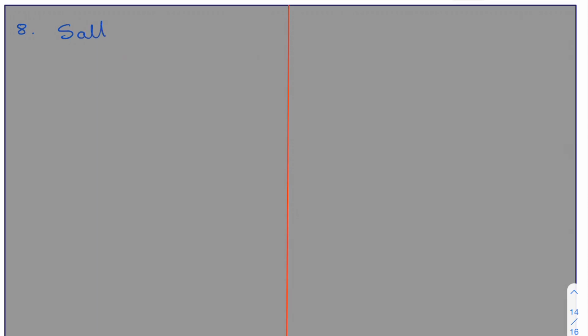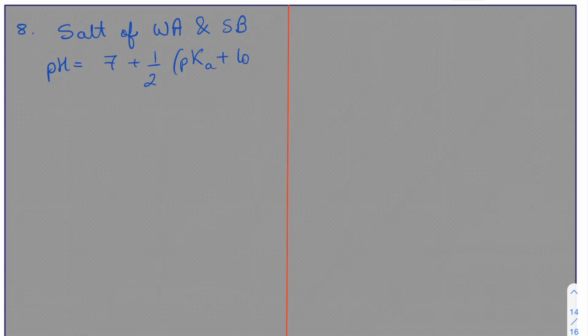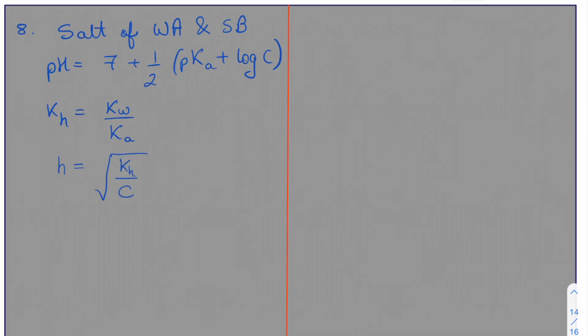We have salt of weak acid and strong base, pH formula being 7 plus half of (pKa plus log C). We have the formula for Kh, which is equal to Kw by Ka. We also have the formula for degree of hydrolysis, which is h is equal to under root of Kh by C.